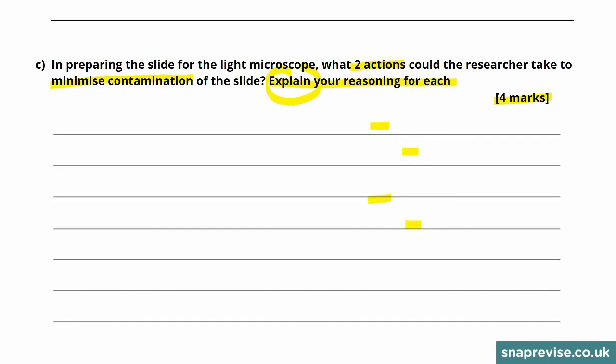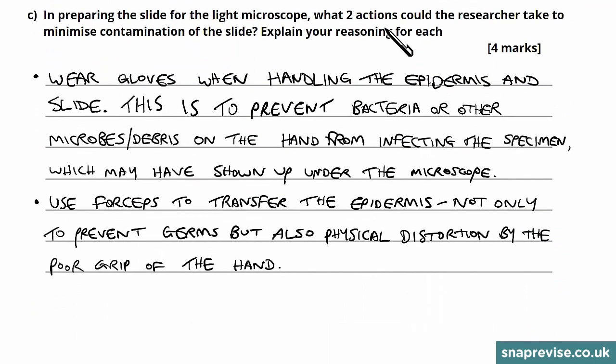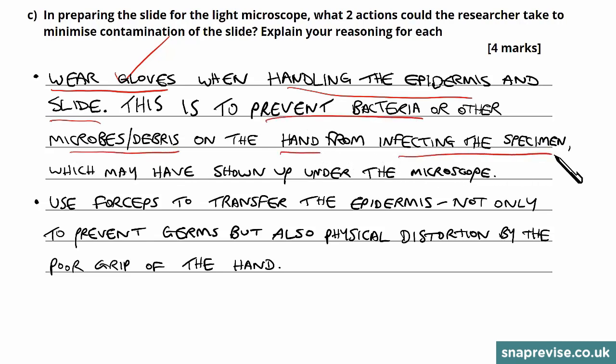What I've written here is, the first thing I've said is to wear gloves when handling the epidermis and when handling the slide. That's one action you can take. This is to prevent bacteria or other microbes on the hand from infecting the specimen, which may have shown up under the microscope.